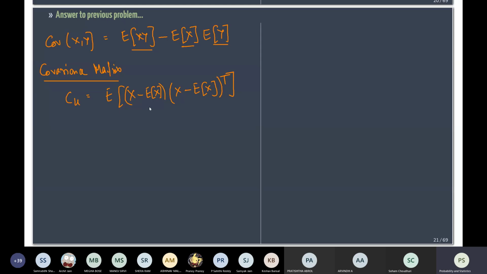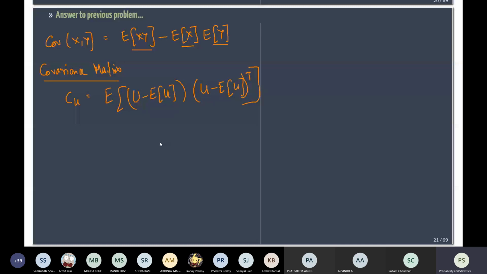Here I have to be a bit careful, because I'm computing for U. So this is the expectation of (U minus expectation of U) times (U minus expectation of U) transpose.